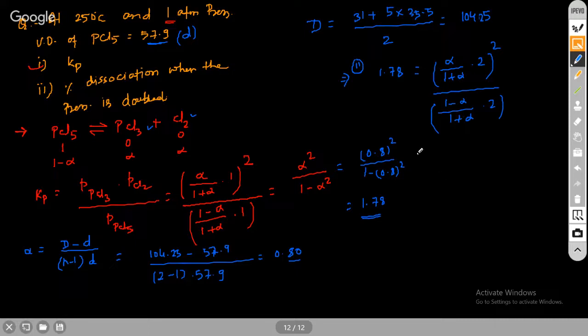And which we get on solving is 1.78 divided by alpha square divided by 1 minus alpha square into 2. And when you solve this alpha value, you'll get 68.6%, 0.686. This is the value of alpha.